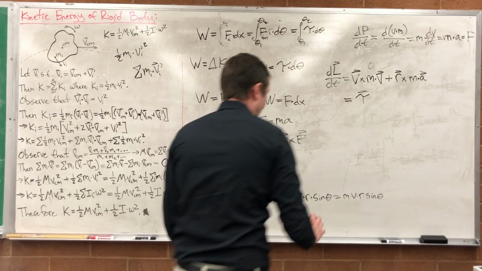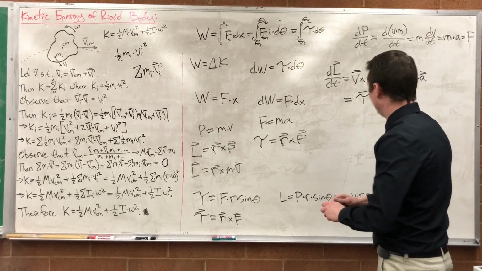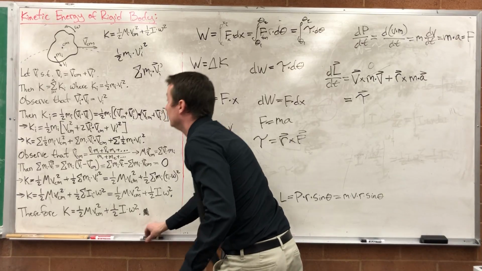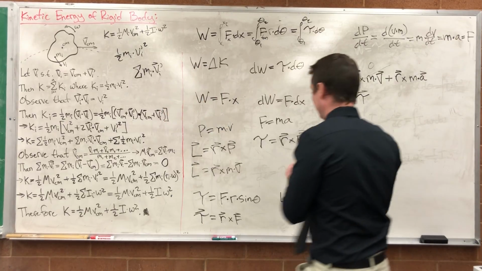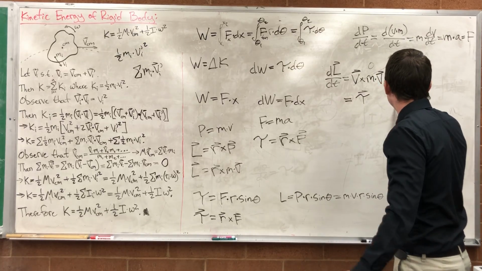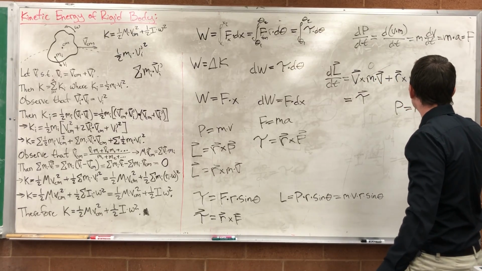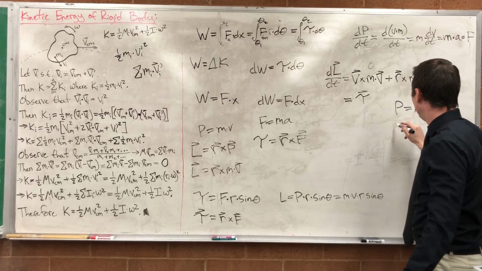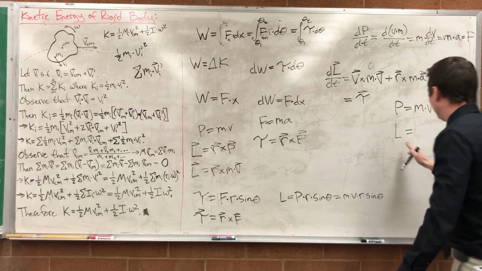One more thing that we hope linear momentum has. Let's remind ourselves one more time that momentum was just equal to mass times velocity. So angular momentum, what would you hope that it would be?